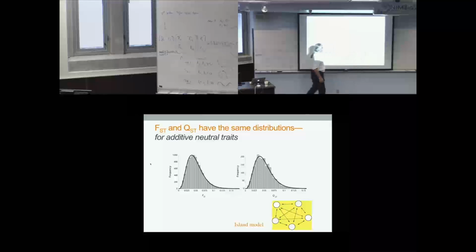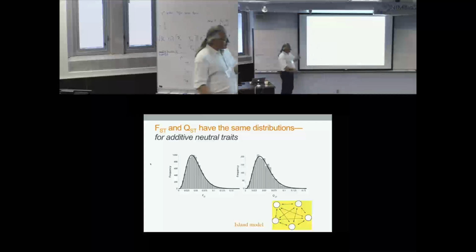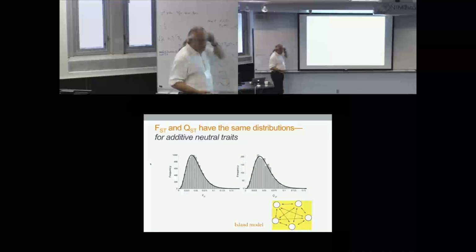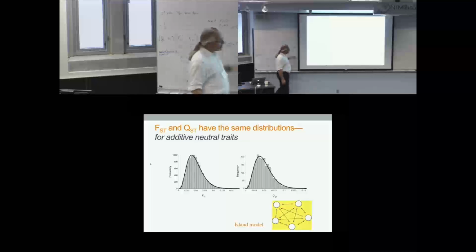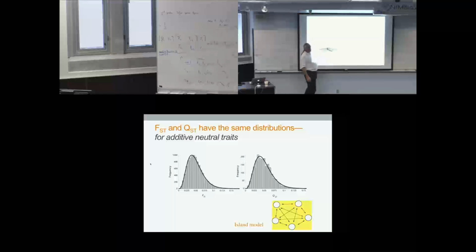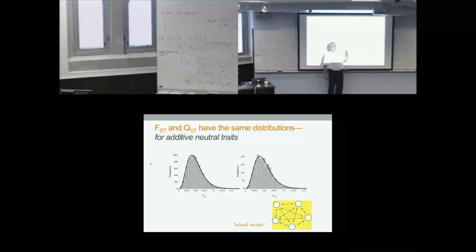Everybody's the same size, et cetera. So this is our starting go-to model for population structure. This is a distribution of what individual neutral FST values would be for different loci. This is a distribution for a polygenic trait QST value. So each of the elements here is the QST of a given trait, made up in each case of lots of different loci.